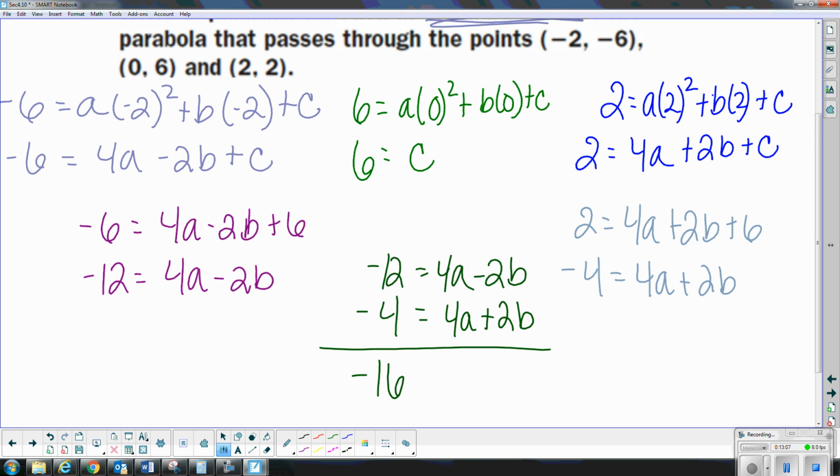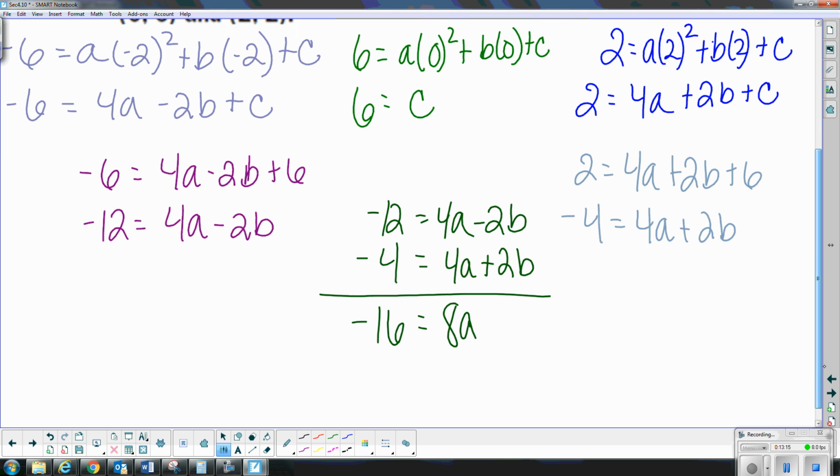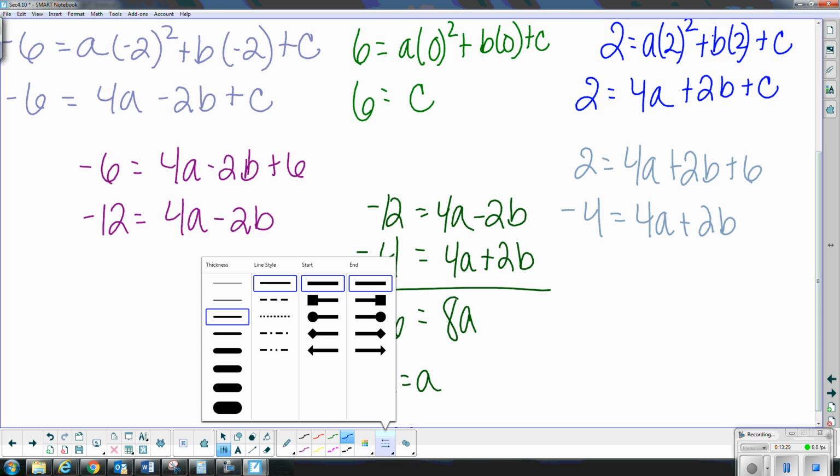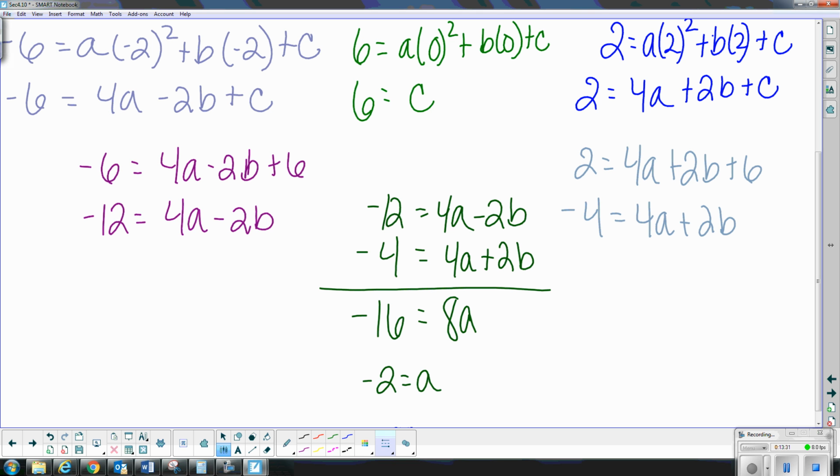So I get negative 16 equals 8a. So I can solve for a at this point. So divide both sides by 8, and I get negative 2 equals a. And then I'm going to go back to one of these equations. Let's say the first one. Doesn't matter which one you use. And I'm going to substitute in negative 2 for a.